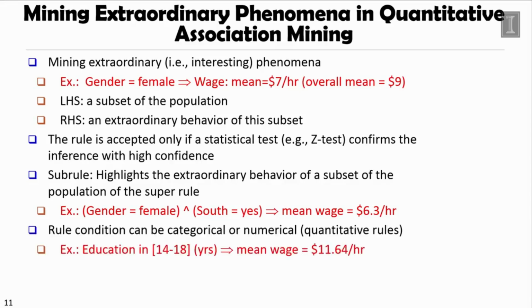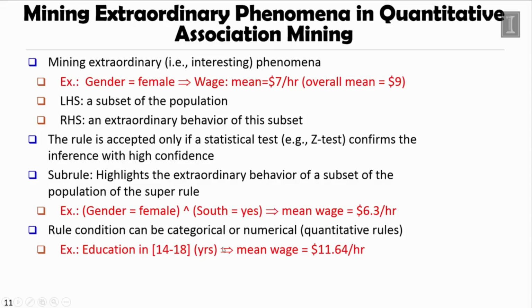Sometimes you do not have the left-hand side as a subset of population, but based on numerical data, you can group them into certain intervals or clusters. For example, the left-hand side could be if the education has pretty many years, like 14 to 18 years, you will find the mean wage actually is substantially higher than the overall mean.